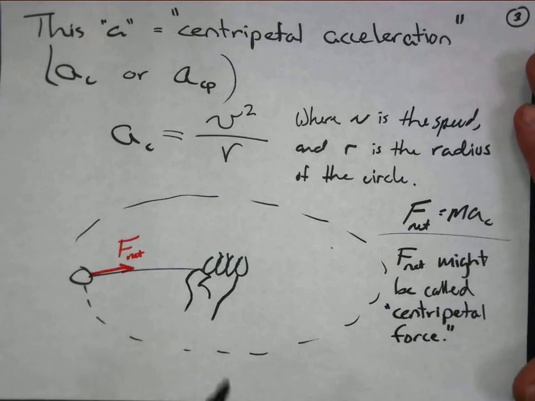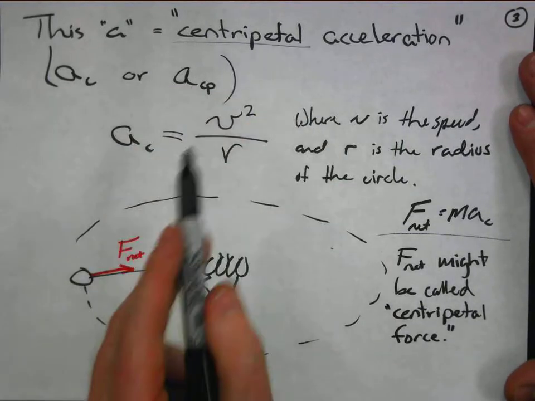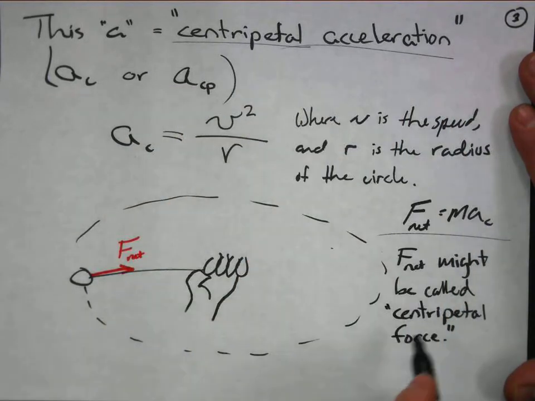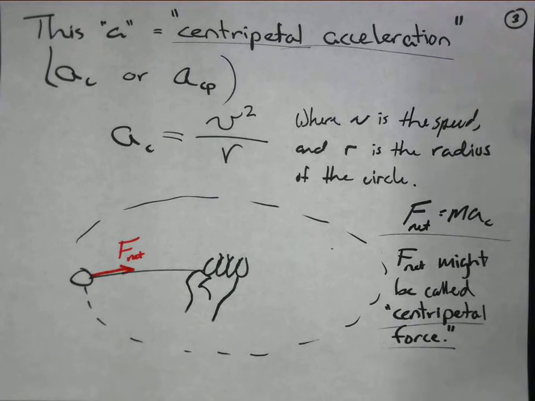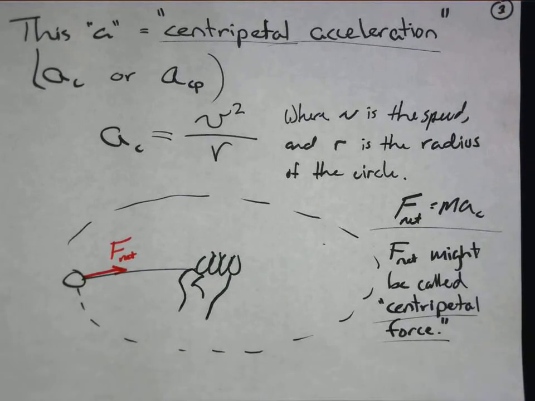Okay, so there's that word centripetal again. It is very important. Centripetal acceleration, centripetal force. It's a word you want to be very familiar with. And it essentially is just a force toward the center of the circle, and it's what creates the circular pathway that the object is following.